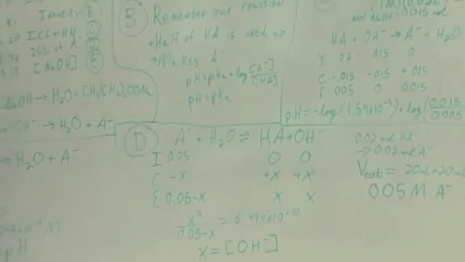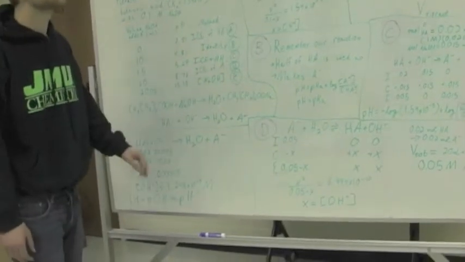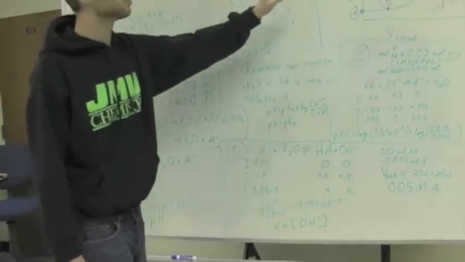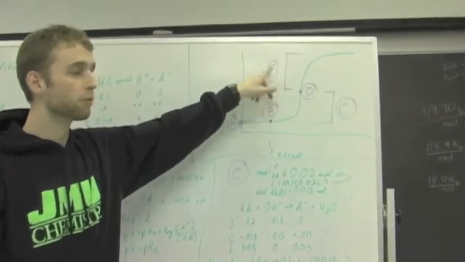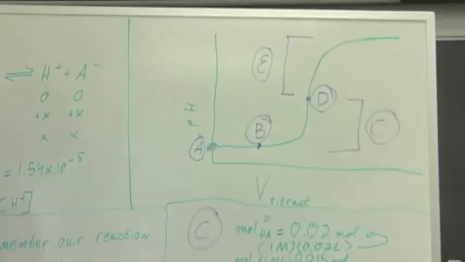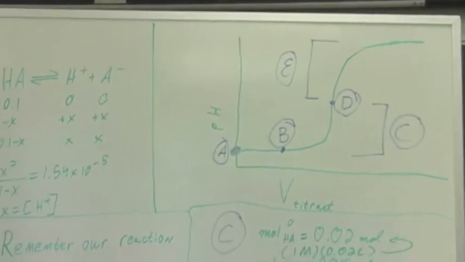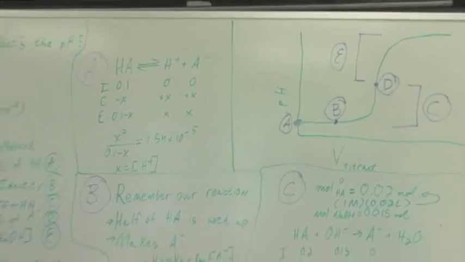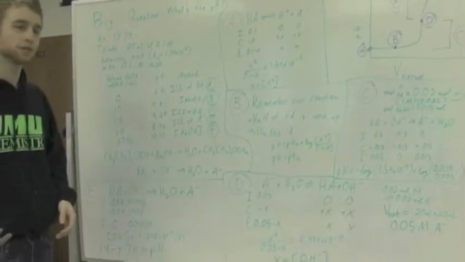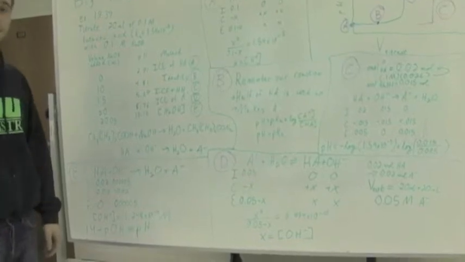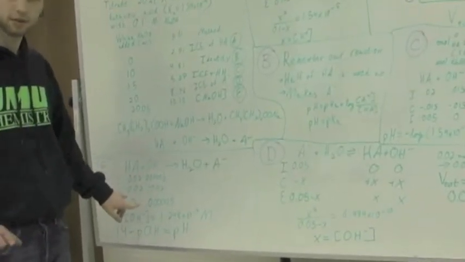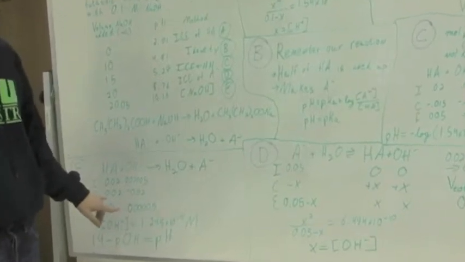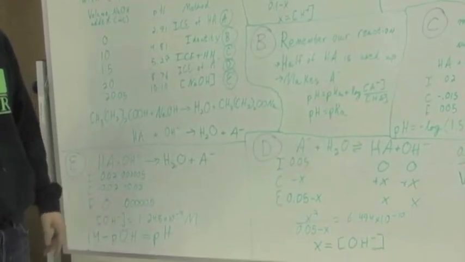Now this last part, E, that works for everything after the equivalence point. So look at our graph up here. This is where we are right now. With E, I have over-titrated. I've gone 1 drop of conjugate base past the equivalence point. Now, remember, we just found out that at the equivalence point, all of the conjugate acid has turned into conjugate base.